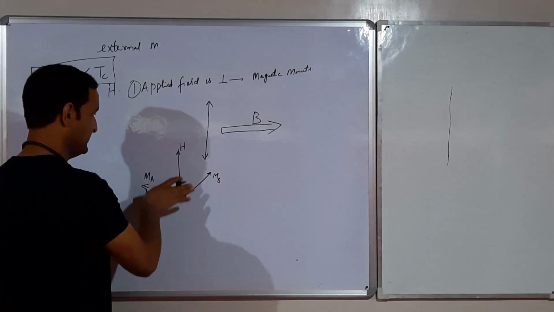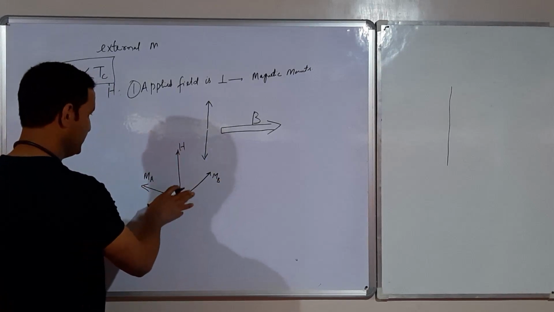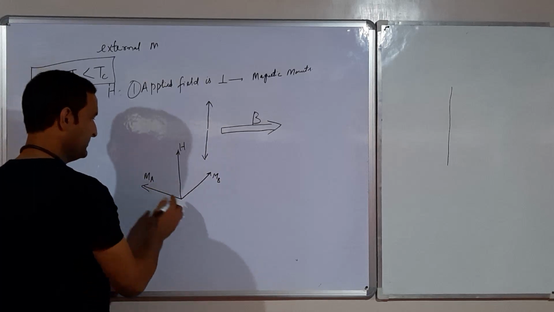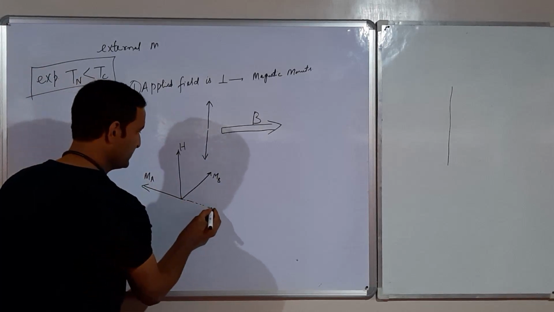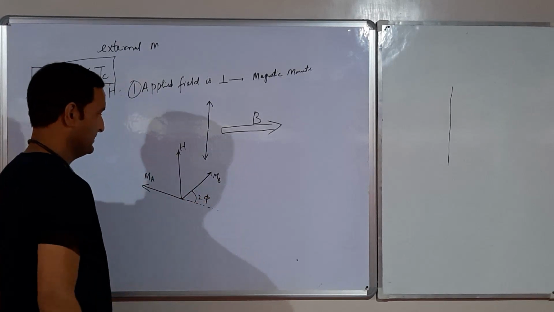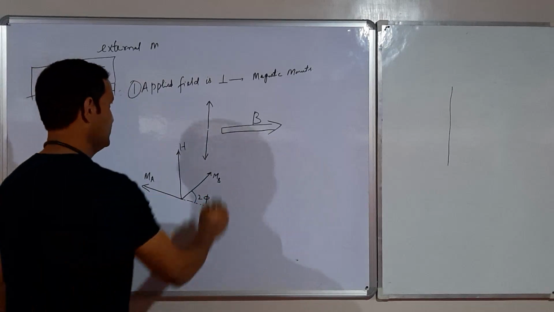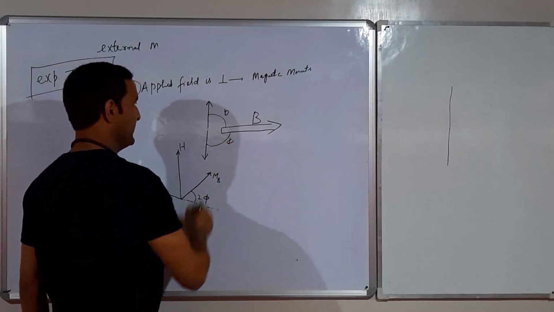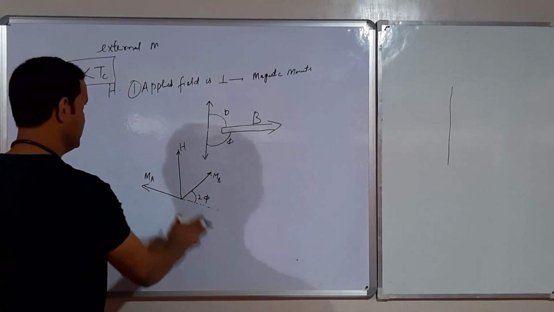The external magnetic field will be perpendicular to the plane in which these two magnetic moments lie. So the angle between these two magnetic moments will be twice phi, because this is phi and this will be phi.